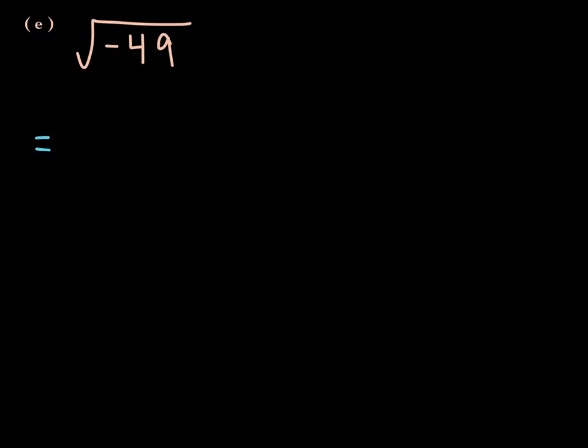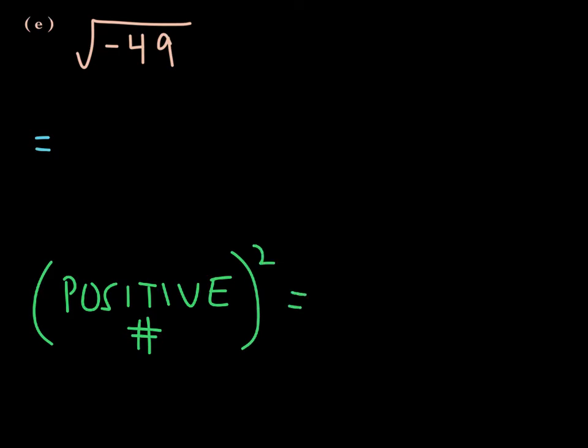Because if you have a positive number and you square it, what do you get? You get a positive number, right? And so this problem is asking you, find me the positive number such that when you square it, you get negative 49. Wait a minute, that's impossible.